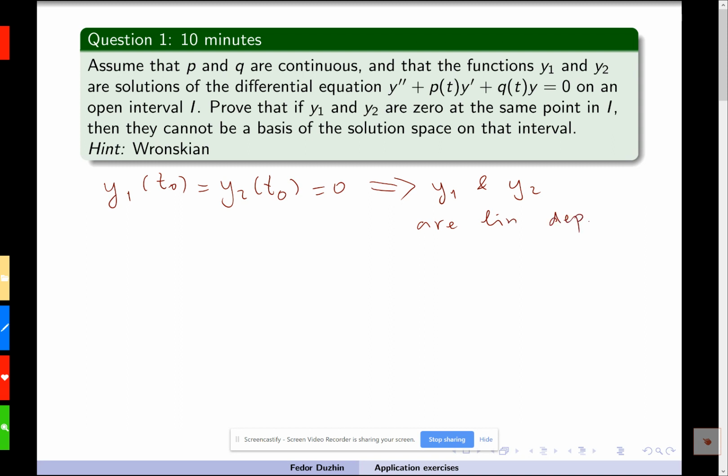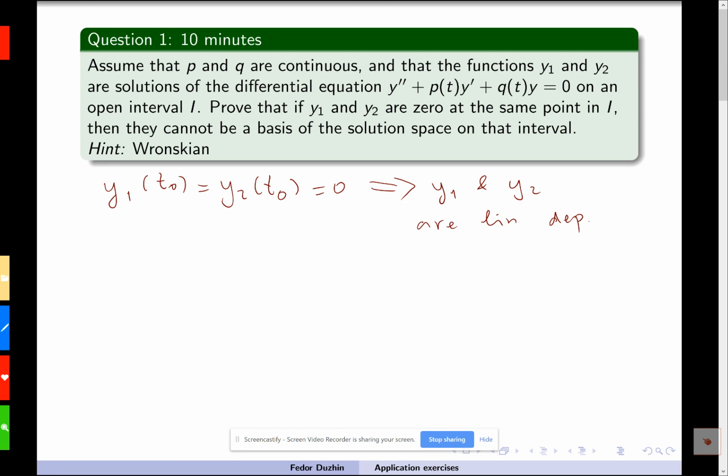So why is this a mistake? Now, it is of course true that two zeros are linearly dependent, but here we're dealing with functions for just one value of t, while when we are talking about linear dependence of functions, then we've got to construct linear combinations that are valid for all values of t.